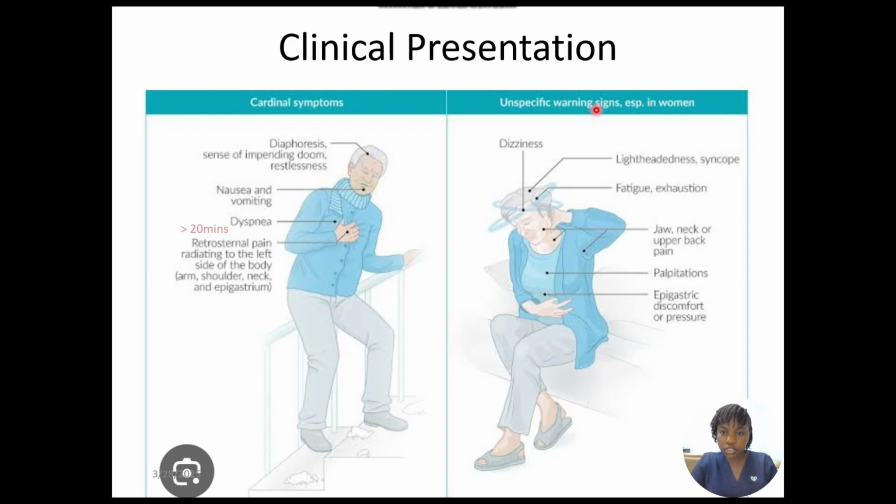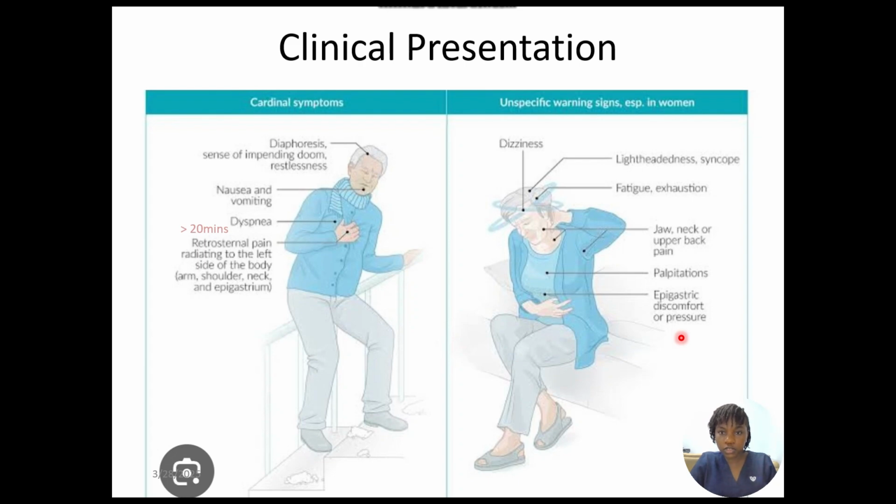There are non-specific symptoms that can occur in this disease, and they include dizziness, lightheadedness, fainting, fatigue, pain in the jaw, the neck, upper back, and palpitations or thumping in the chest, epigastric discomfort or pressure, or even burning sensation in the chest.